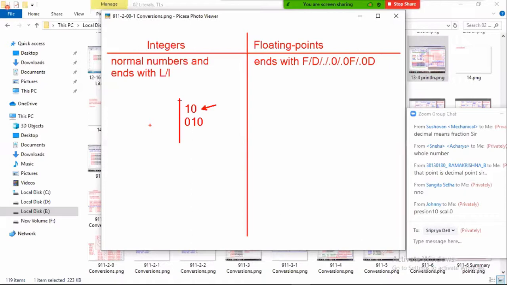Natural number, it is called. Okay, Vamu. 10 is called a natural number.